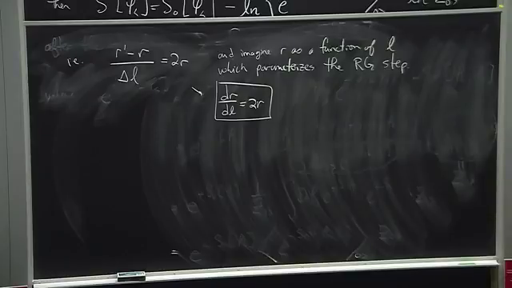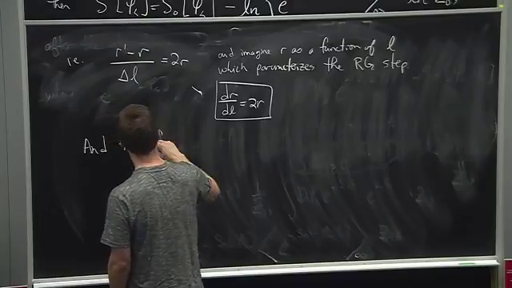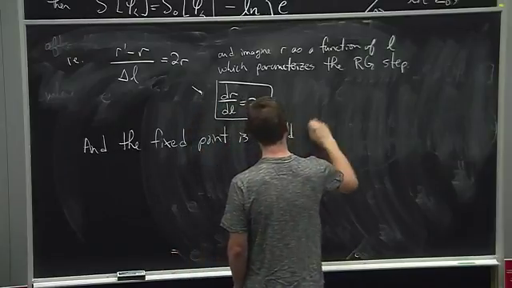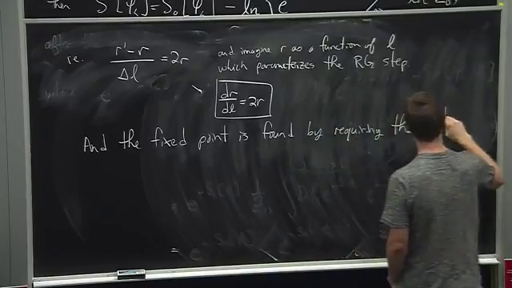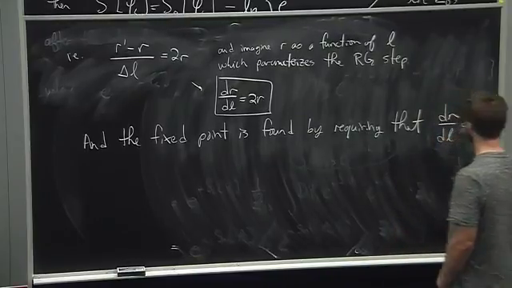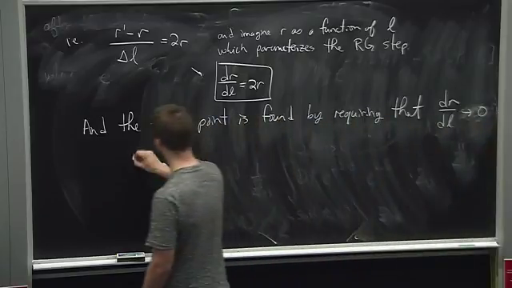And the fixed point is found by requiring that that derivative goes to 0. Basically, right? That's all it is. So from that, you can solve for the value of r which occurs at the fixed point.